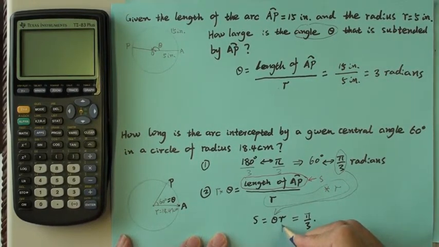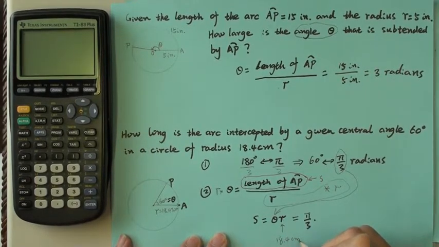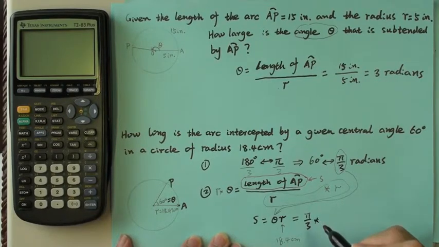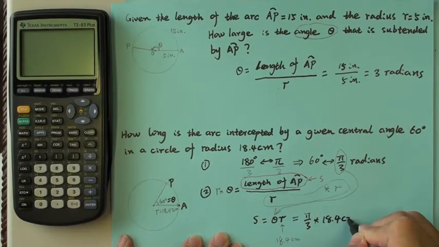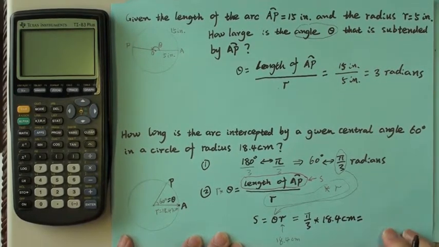R is 18.4 cm. So you do times 18.4 cm. What do we get?